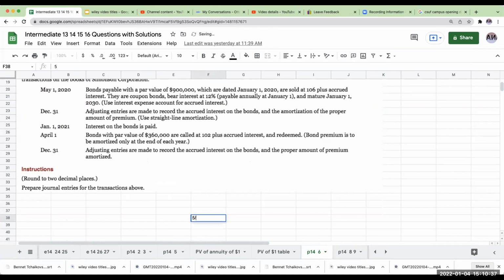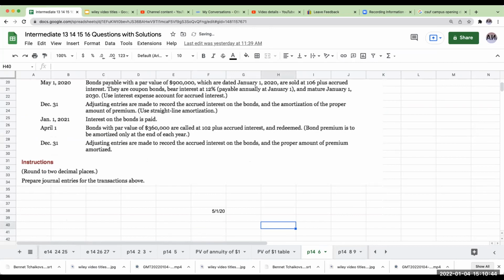So on 5/1/20, we're issuing a bond basically for $900,000. Now they're sold at 106, so we're going to get cash of $954,000. That's just for the bond. But it's also plus accrued interest.